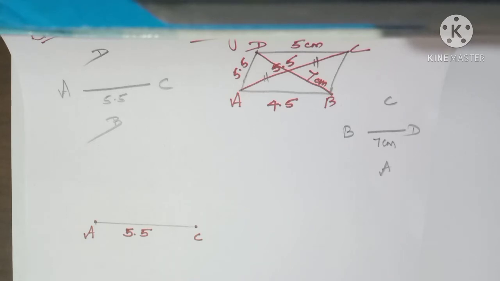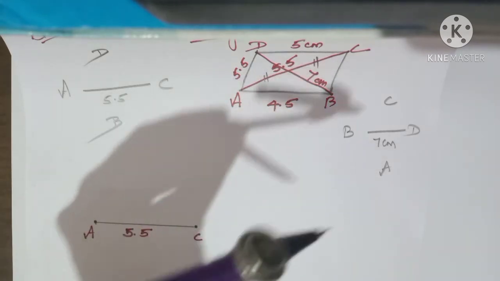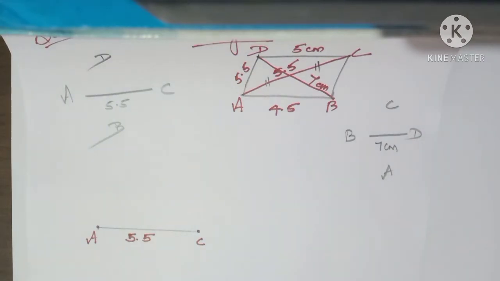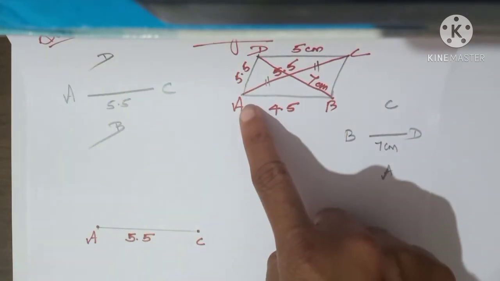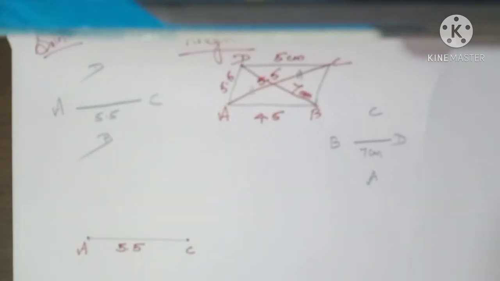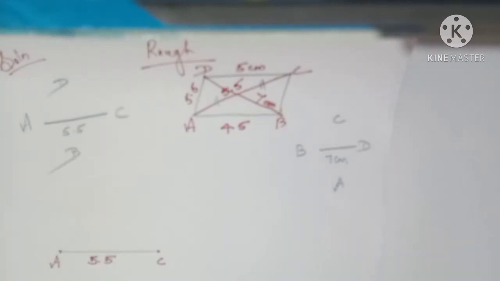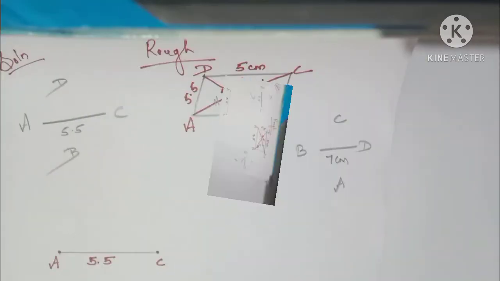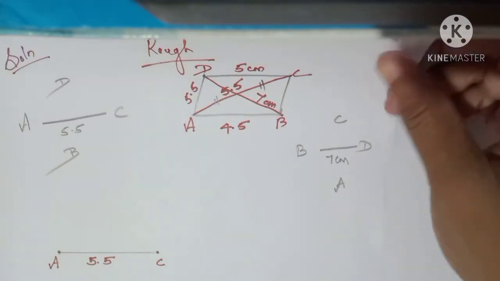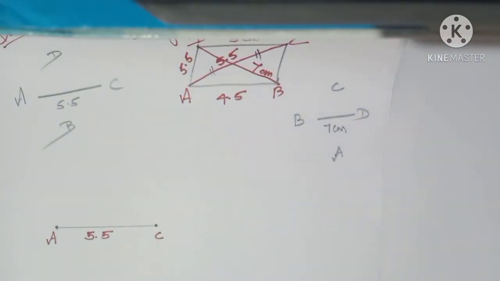Okay, now next thing you are going to take the compass. We have drawn AC, right? So here we have drawn a line segment AC, 5.5 centimeter.